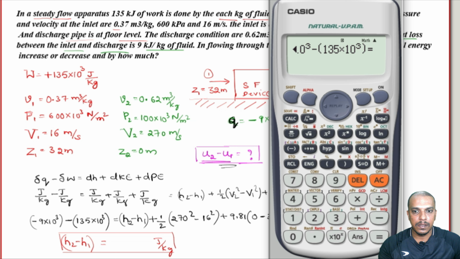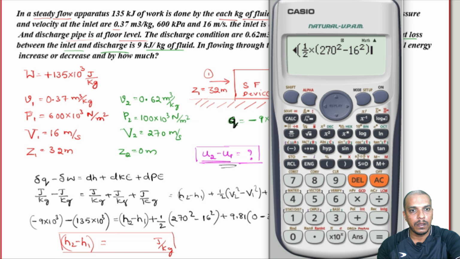Alpha equals unknown, I will substitute it as X. So, alpha X plus, I will open a bracket here, plus half into 270 square minus 16 square plus 9.81 into 0 minus 4.